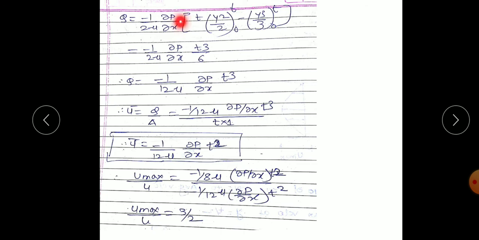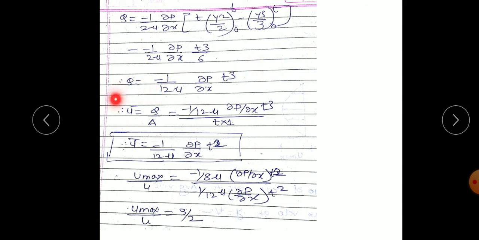Here the pressure gradient is constant. As the plates are fixed and flow takes place, we are assuming a constant pressure gradient delta p by delta x, so it is taken out of the integration. So q, finally, is minus 1 by 12 mu delta p by delta x t cube.